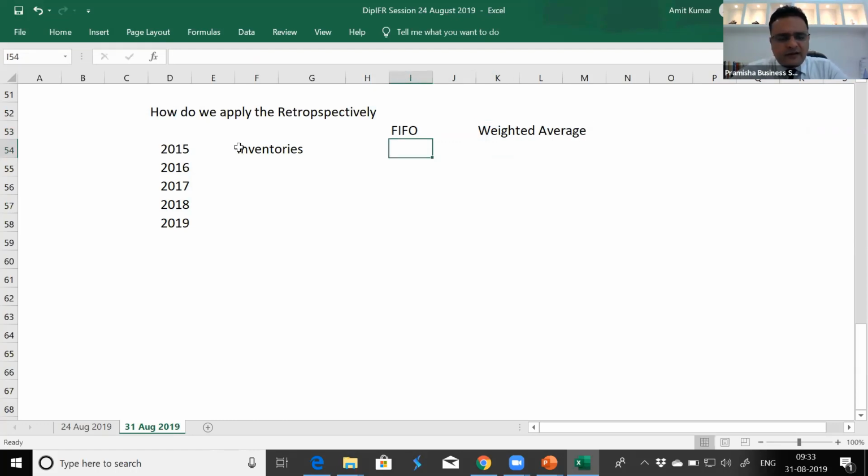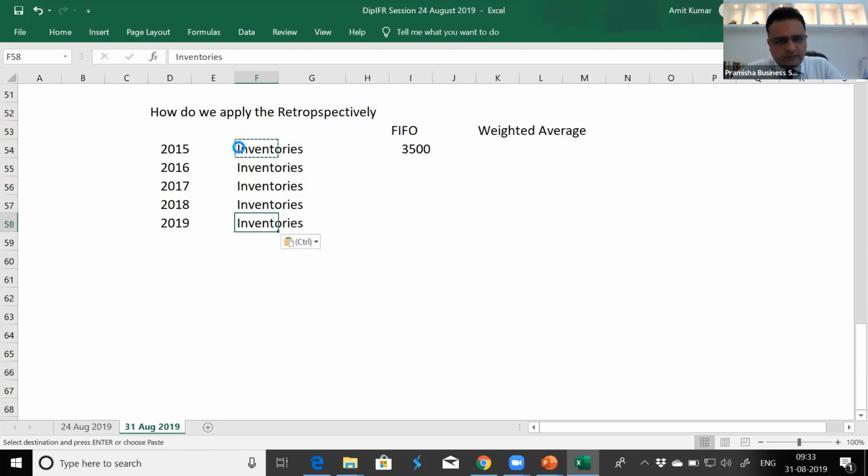On each balance sheet date, the inventories were, suppose, 3,500, $4,000, I'm just taking some imaginary figures, 6,000, 2,500, 4,500.